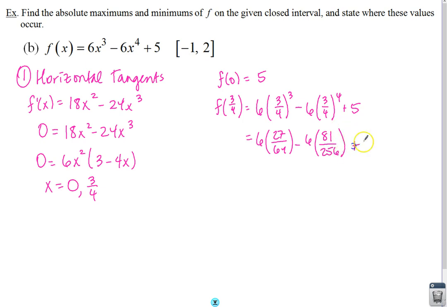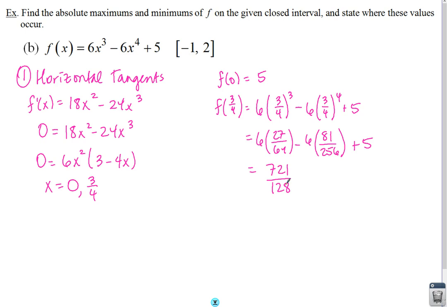Totally did that math in my head. All of that adds up to be 721 over 128. Both of these, though, are our candidates for potential absolute min and max.